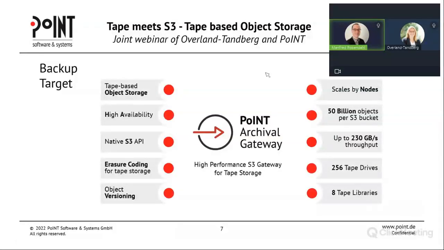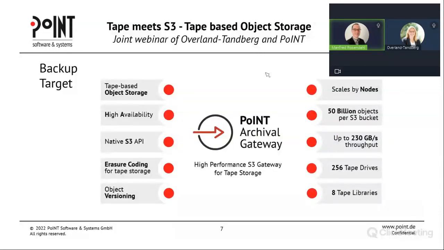Currently you can achieve a maximum throughput of 230 gigabyte per second. But I think more important in terms of performance is that we are able to fully utilize the native speed of a tape drive under optimal conditions. For example, we can write with 360 megabytes per second to an LTO 8 drive.